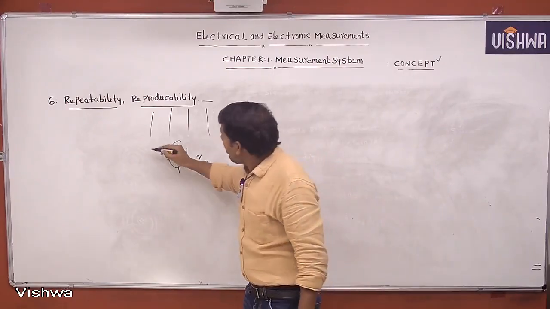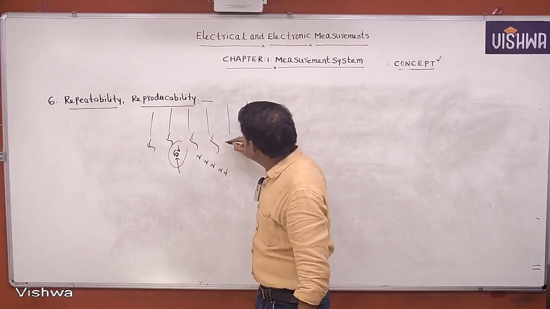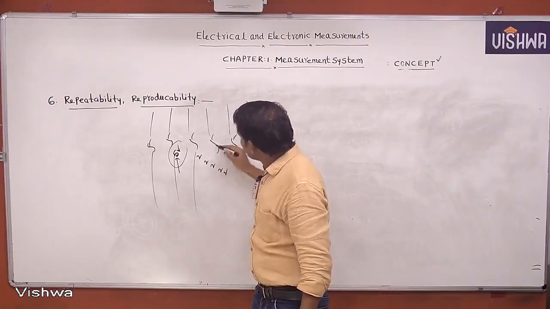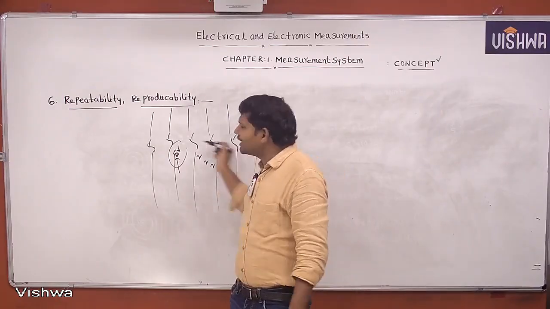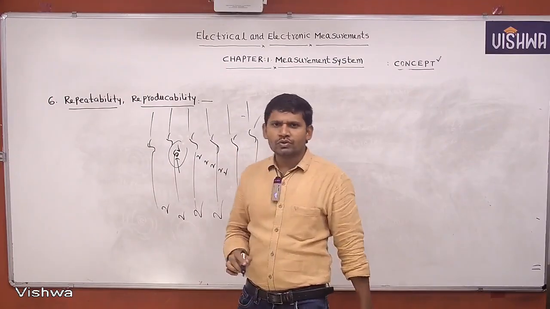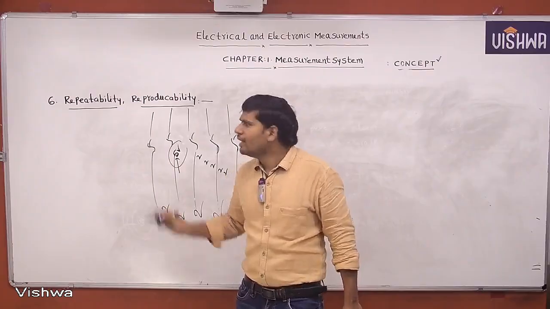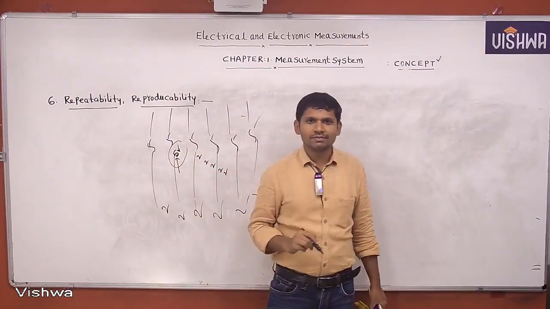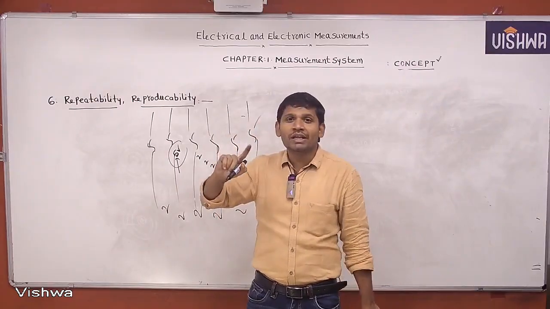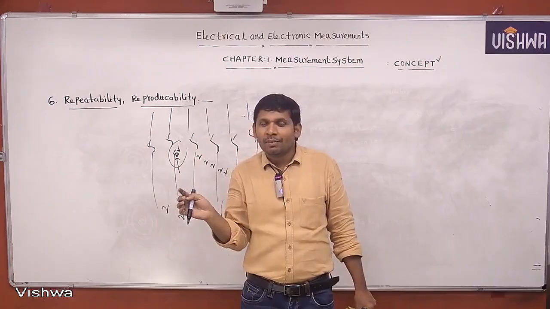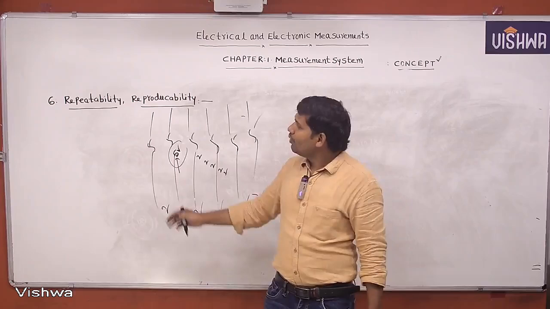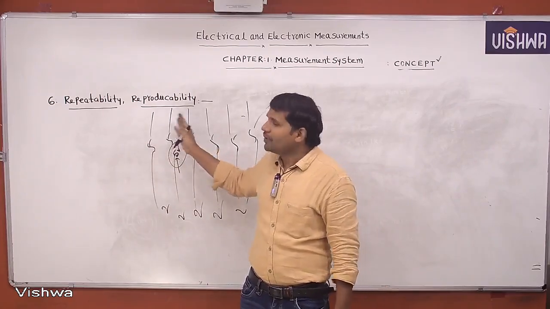All the users give the same input and all the users get equal outputs. Then it is called reproducibility. See the difference. Repeatability is with respect to a single user, but reproducibility is with respect to different users. Both are precision indications, but the concept is different.